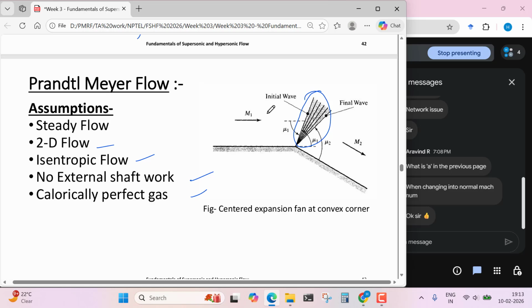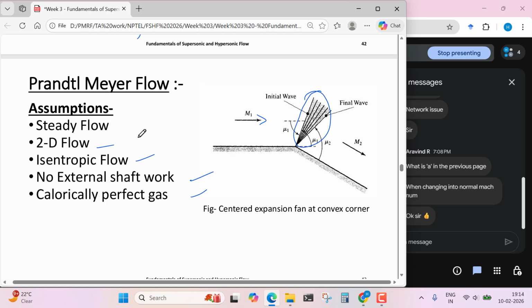When flow is turning away from itself, there will be Prandtl-Meyer waves, and it is like a fan, so it is also called the Prandtl-Meyer fan, and it is made of infinite Mach waves. So all these are the Mach waves.